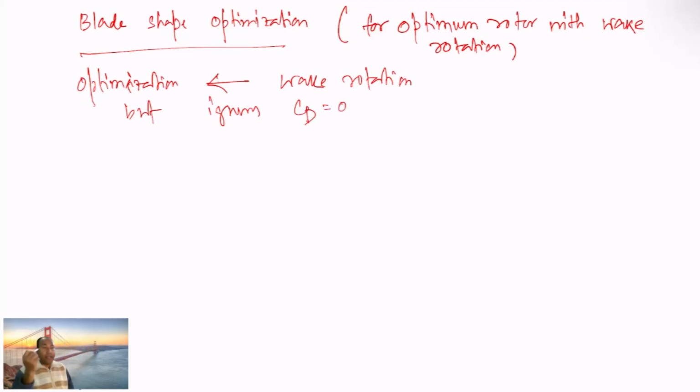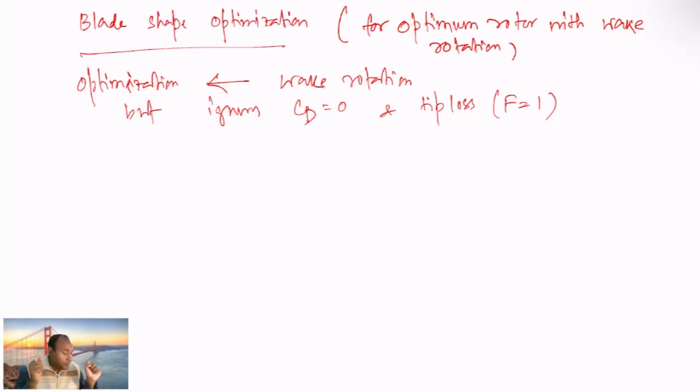That means the drag and tip loss, for which the F factor would be 1. Now, how can this blade shape be determined for an optimum rotor with wake rotation? So here the procedure that we'll discuss considers the wake rotation, but at the same time you consider there is no tip loss, there is no drag.